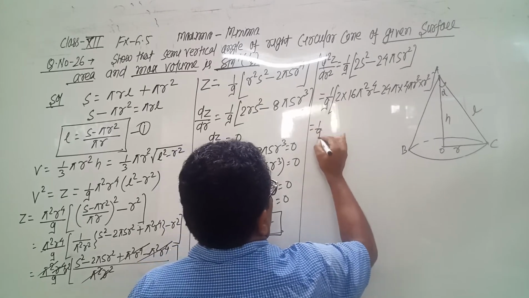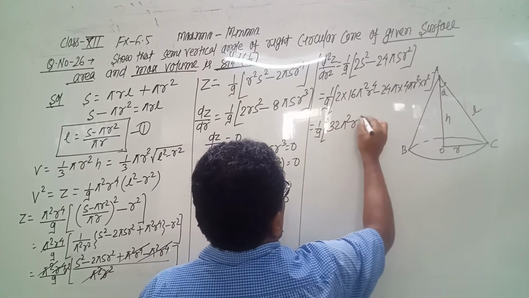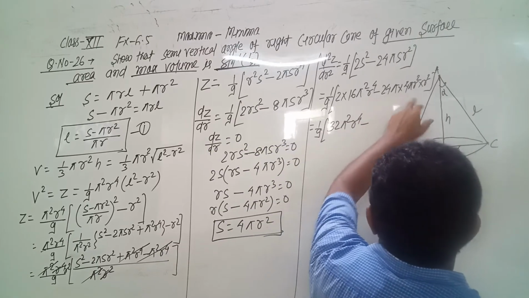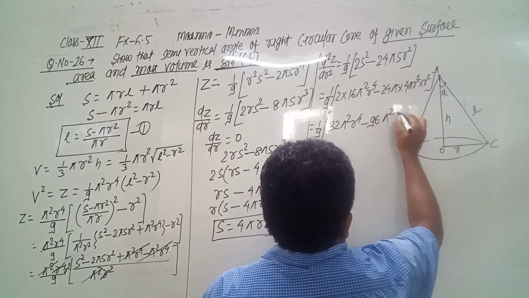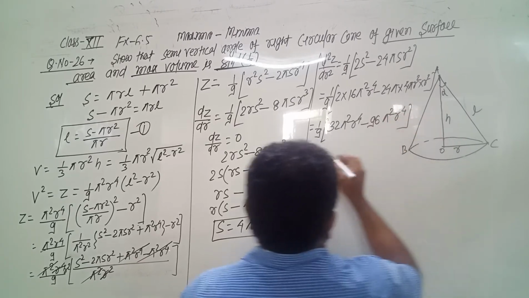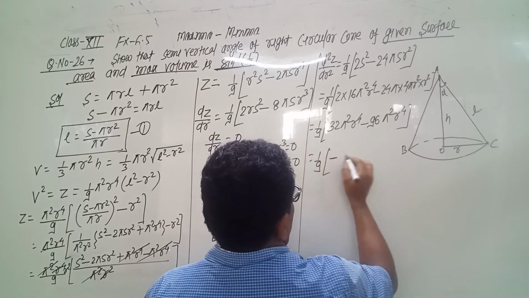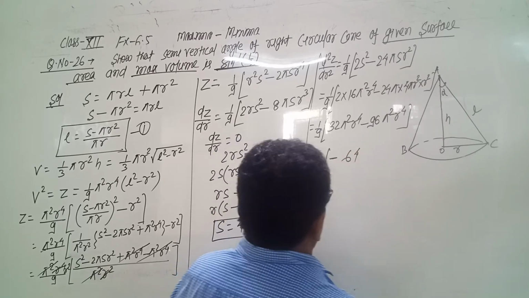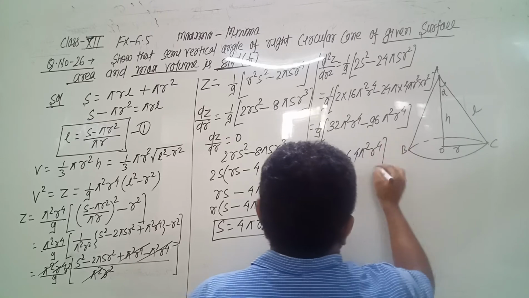Then 1 by 9, 16 into 2, 32 pi² r⁴, minus 24 into 4, 96 pi² r raised to the power 4. And we get minus of 64 pi² r raised to the power 4.